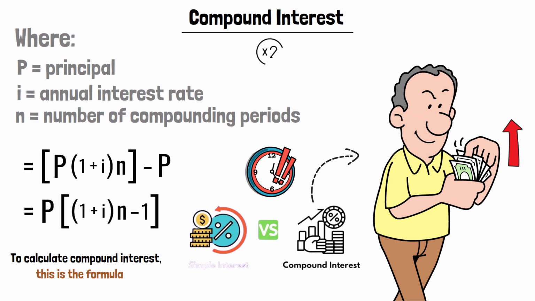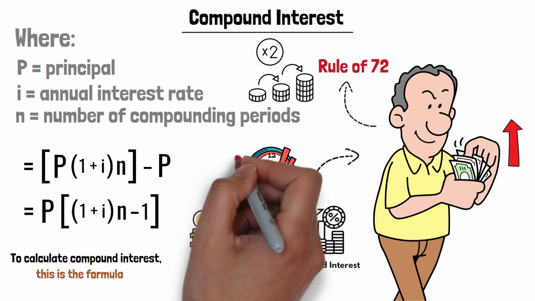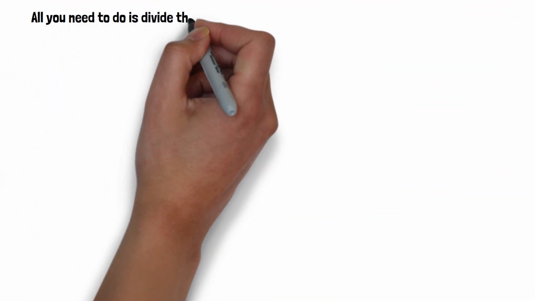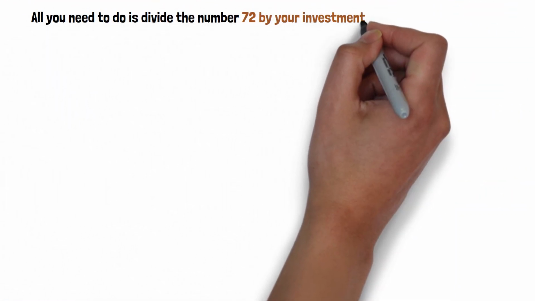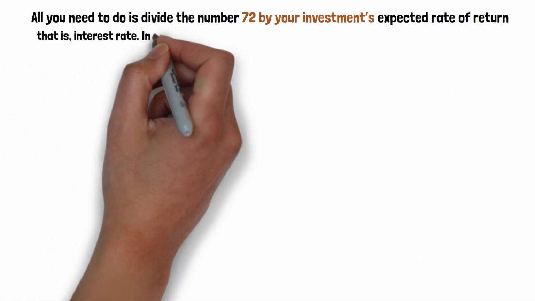Another way to estimate your compound interest is what is called the rule of 72. If you know the interest rate of an investment, you can tell how long your investment will take to double in value using the rule of 72. All you need to do is divide the number 72 by your investment's expected rate of return, that is, interest rate.